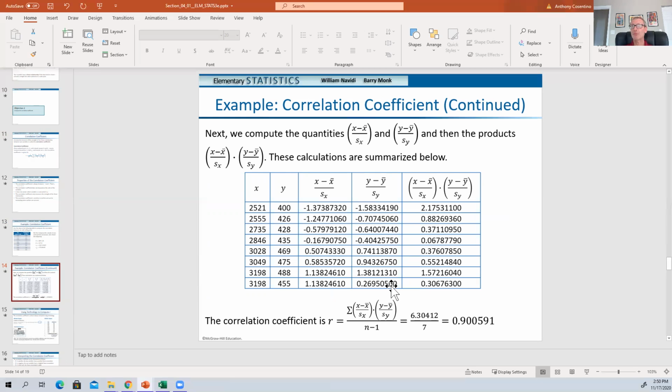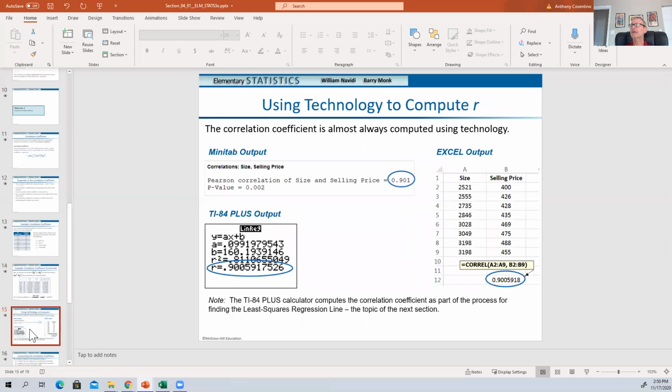But the way we are going to do it is either using the spreadsheet or using the calculator. If you go back and look at the calculator output of that regression analysis that we did in the previous recorded lecture, you could see we got the A value and the B value. But it also gives you what's called R and R squared.